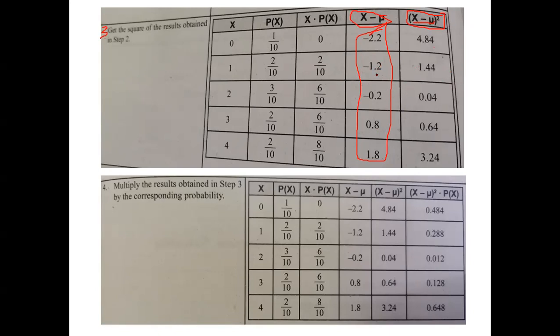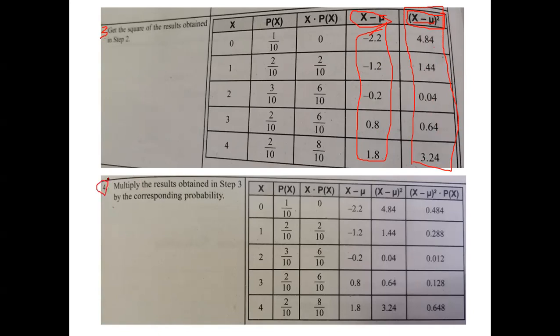Okay, next. Negative 1.2 raised to the power of 2 is 1.44. Negative 0.2 raised to the power of 2 is 0.04 and so on. So now, our x minus mu raised to the power of 2 is this one, 4.84 and so on.